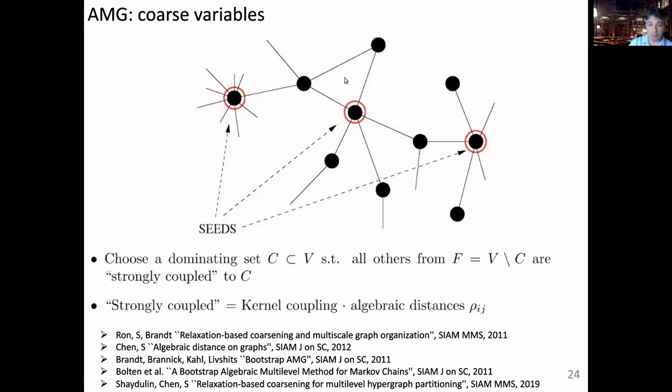And strongly coupled means some kernel-based coupling or using the algebraic distances. So the strength of the connection, relative strength of the connection, is really the algebraic distance. So say the algebraic distances for these two edges are strong, and for this one is not strong. So this node is strongly connected to those that are already chosen to be in a set of seeds.